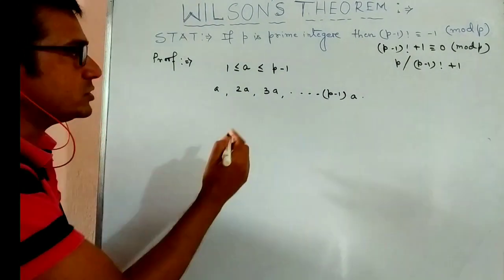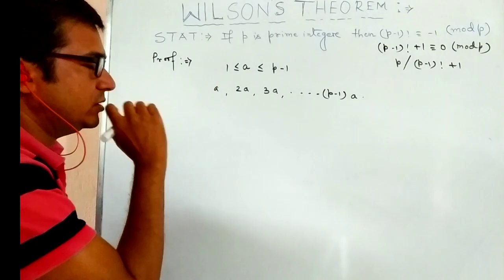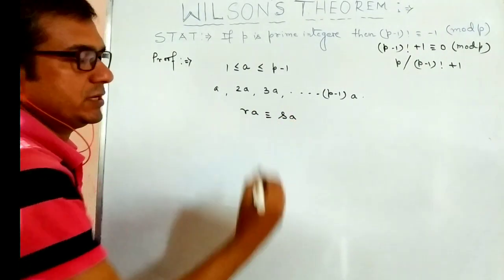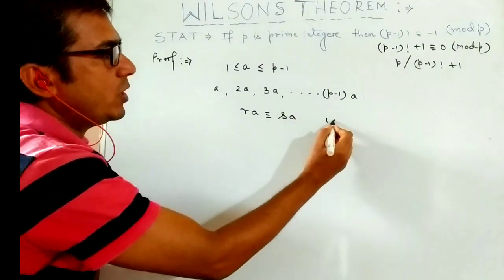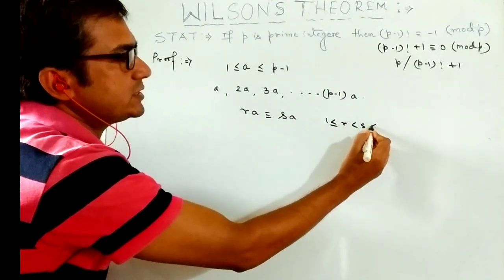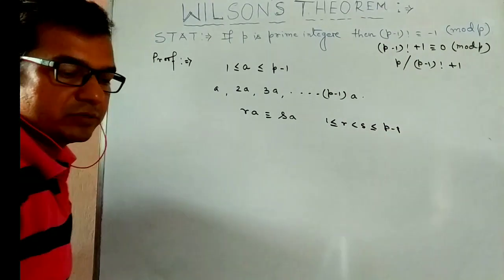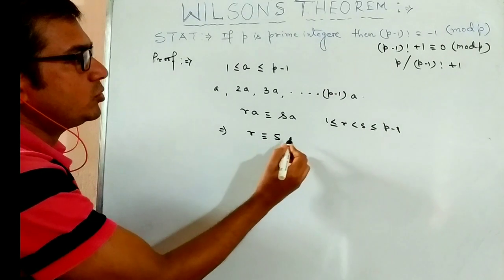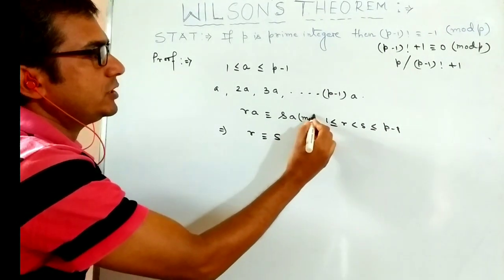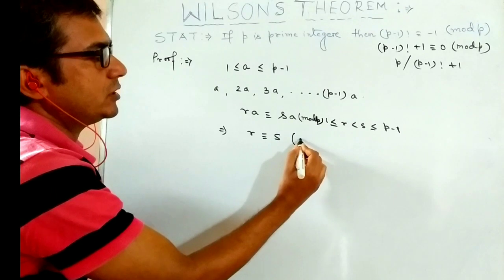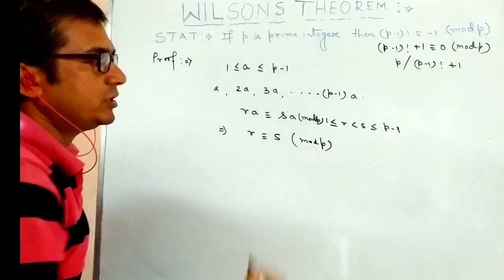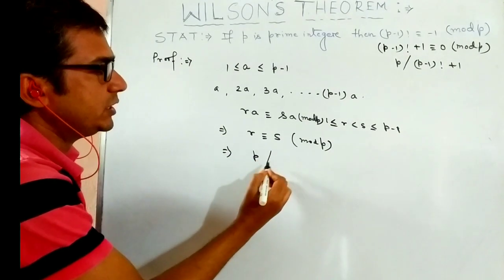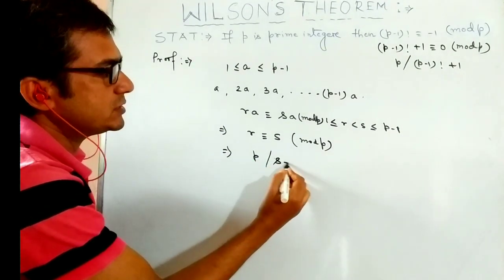Why? Because if it happened, that is ra congruent to sa, where 1 less than or equal to r less than s less than or equal to p minus 1, then r is congruent to s mod p, that is p divides s minus r.